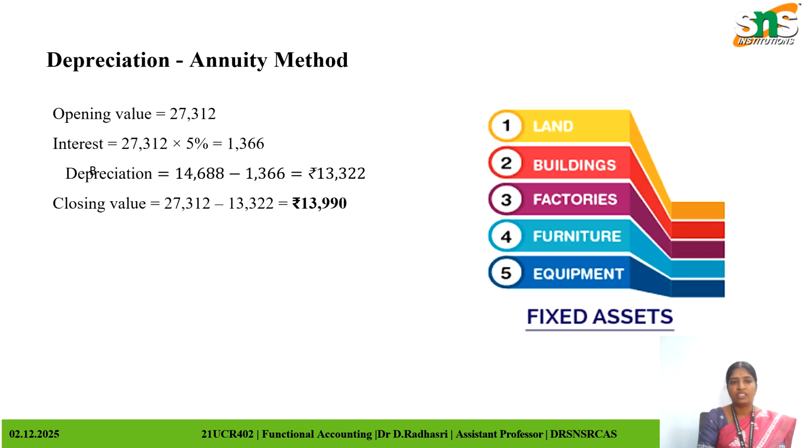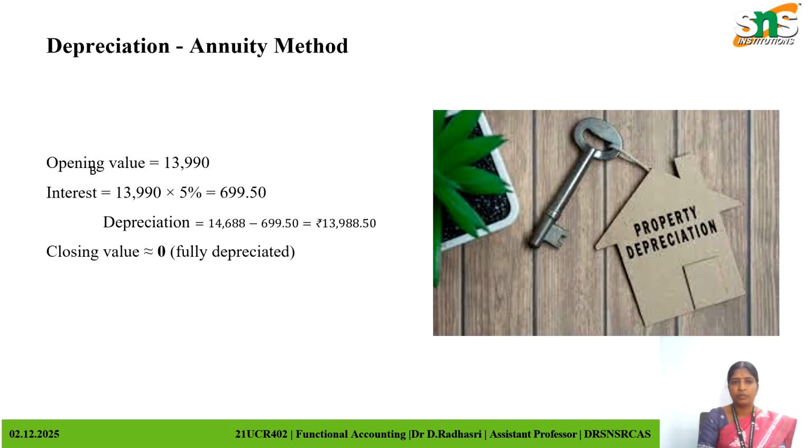In that way, the annuity table is used for calculating on assets, buildings, factories, furniture or any fixed cost. In any equipment that we regularly use, we can take the annuity table method for the calculation. In the annuity method, the opening value is taken, for example, 40,000. Rounded off, it can be 40,000, and in the next year about 30,000. At 5 percent, the annuity table shows 988.5.